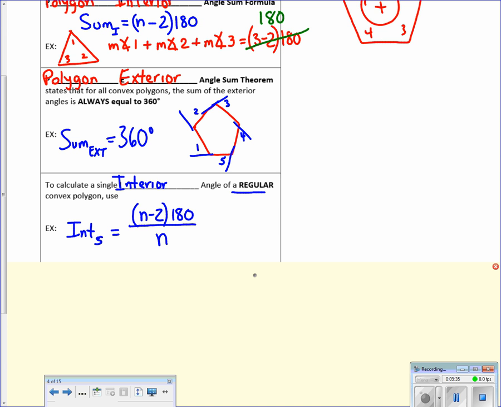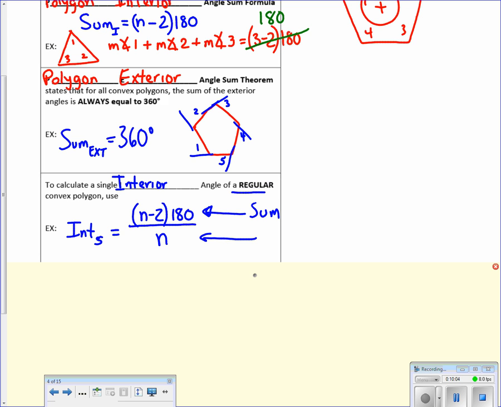Now this formula works for a regular polygon, so all the angles inside are the exact same. To calculate what each one of the angles would be, you would find the sum. That's what that n minus 2 times 180 is. That represents the sum of all of them, and then you divide by how many angles there are.